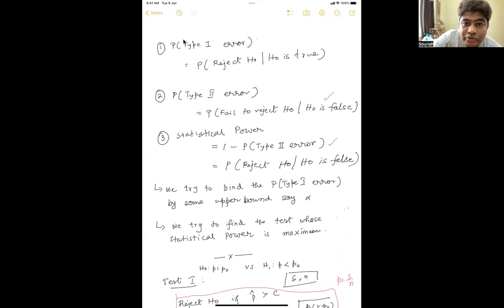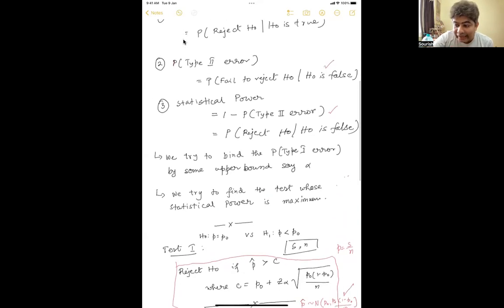So one distribution will definitely help us reduce the type 2 error more or increase the statistical power. The question is which one? Of course, we have to do the rigorous calculation to figure out which one. But do you understand the concept here?